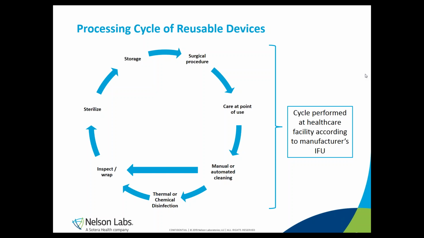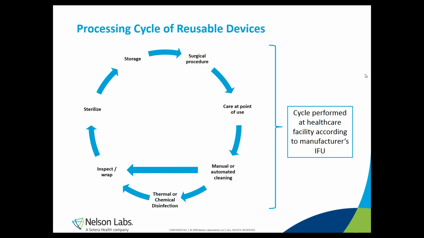Preparation for decontamination of used instruments should already begin at the point of use. So with the point of use, I mean during the surgical procedure already or right after completion of the surgical procedure. Care at the point of use helps in preventing organic material, blood, and debris from drying on the surfaces and in lumens of used instruments.